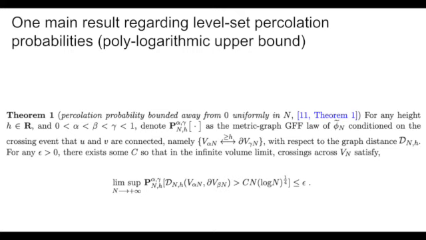And this crossing event is given by the fact that we want to look at a connectivity event occurring between V alpha n to the boundary of V gamma n, where along each one of these sites of the path, or each one of these points of the path, we want the Gaussian free field to exceed a height greater than or equal to h with respect to the chemical or graph distance d n h that we introduced earlier. So under these assumptions in this connectivity event, for any epsilon strictly greater than 0, there exists a suitable constant such that the following inequality is satisfied.